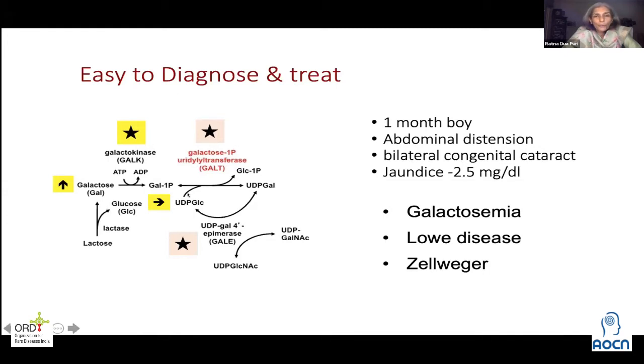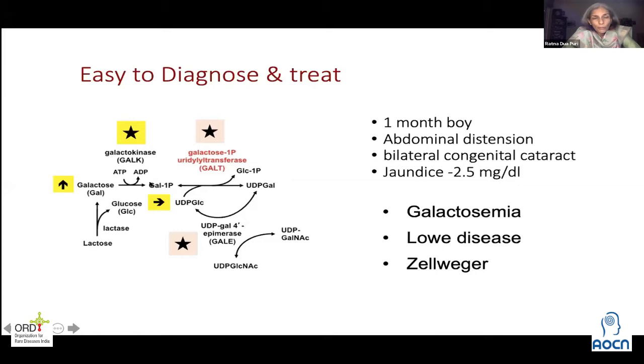Sometimes we just do the GALT levels. They could be borderline. We stop, we give them a galactose-free diet. We really don't know which kind of galactosemia the child had, what the metabolites are, what we are going to follow.